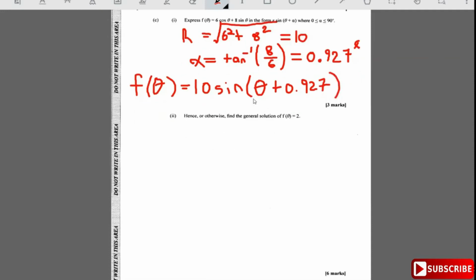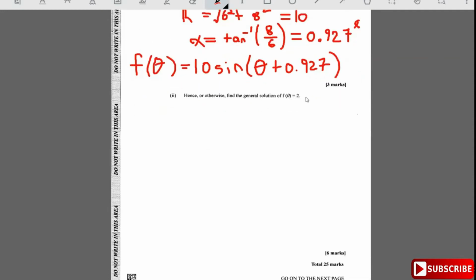Part 2 says, hence or otherwise, find the general solution of f of theta equal to 2. Hence means you set this equation equal to 2. So we're going to set 10 times the sine of theta plus 0.927 equal to 2.